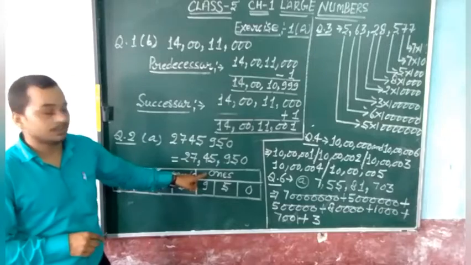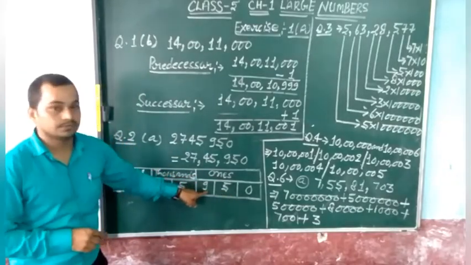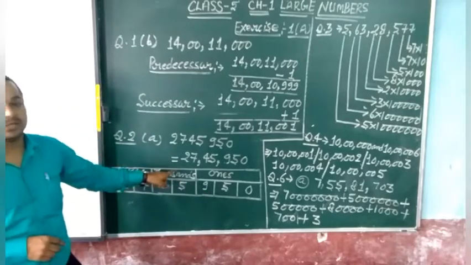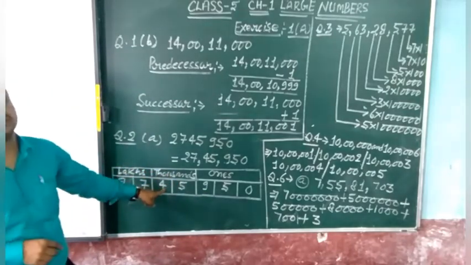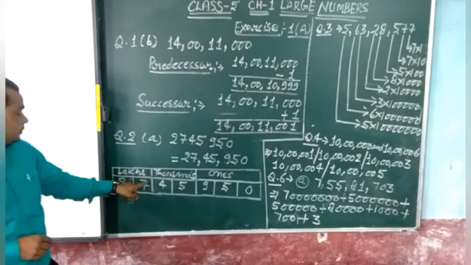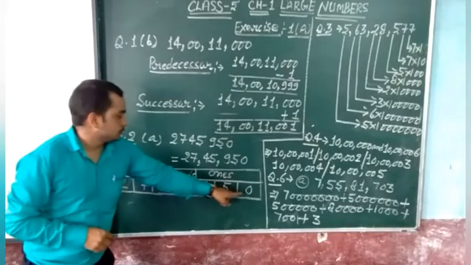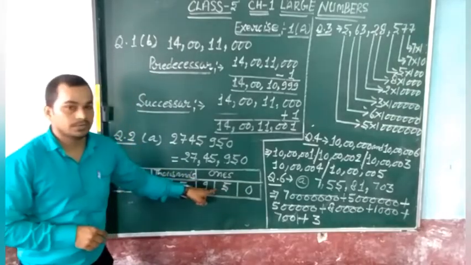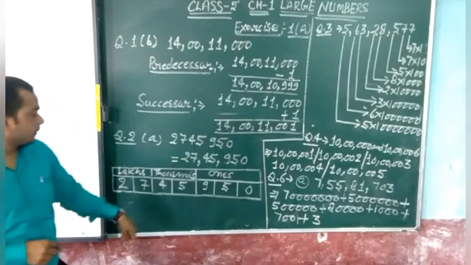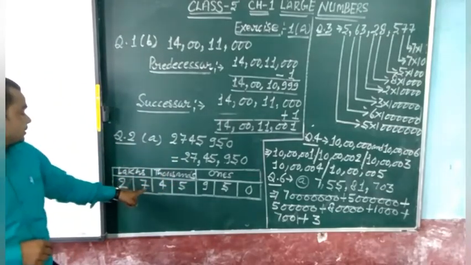In the thousands period we have thousands and ten thousands, and in the lakhs period we have lakh and ten lakh. So we have 0, 5, 9 in the first period, 5, 4 in the thousands period, and 7, 2 in the last period.